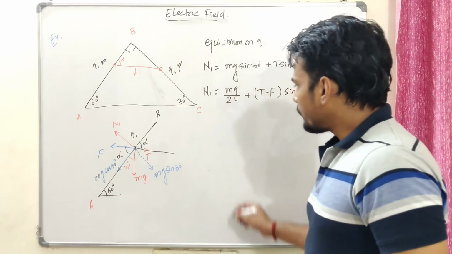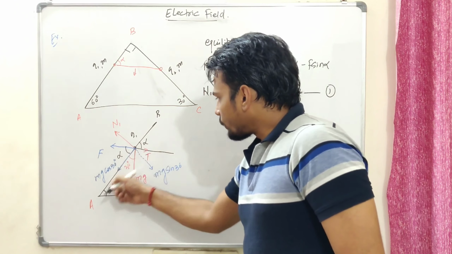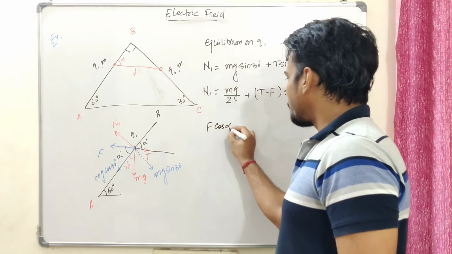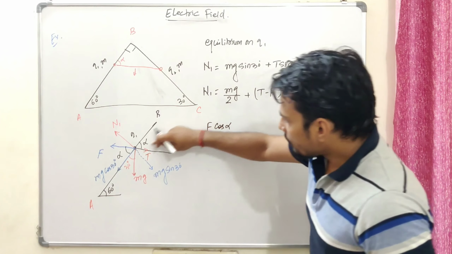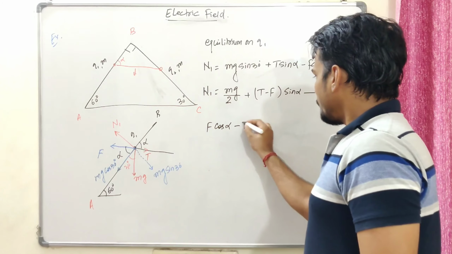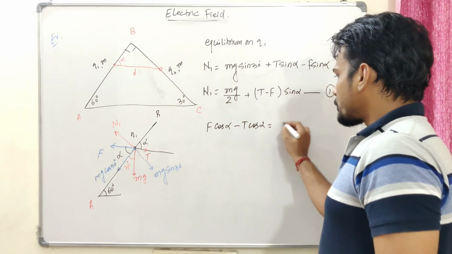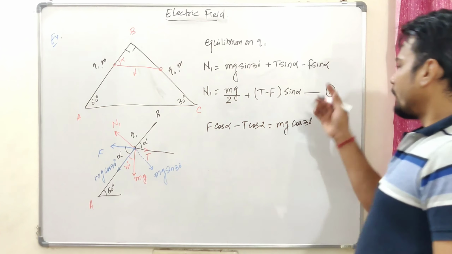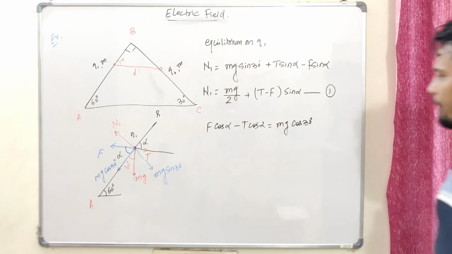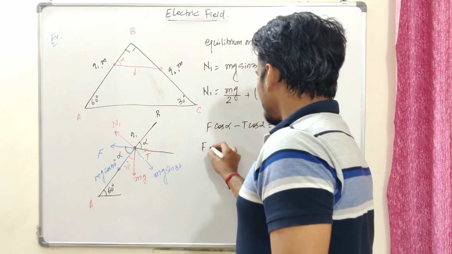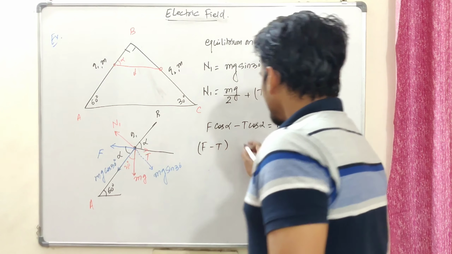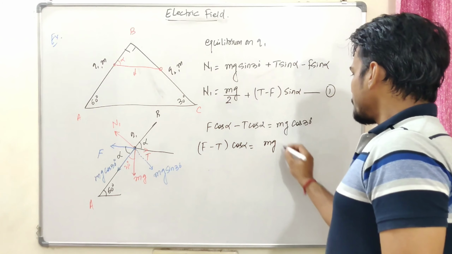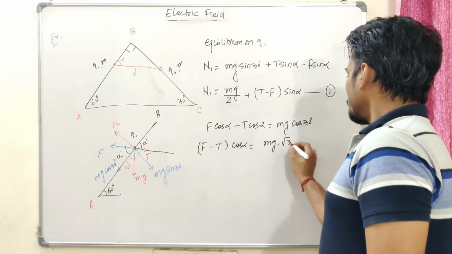So the component of force acting downward, that should be F cos alpha, tension upward, so minus T cos alpha, and that should be mg cos 30 degree. I hope you guys agree with this. Now from here I can say that (F minus T) cos alpha is equal to mg cos 30, which is root 3 by 2, mg root 3 over 2.